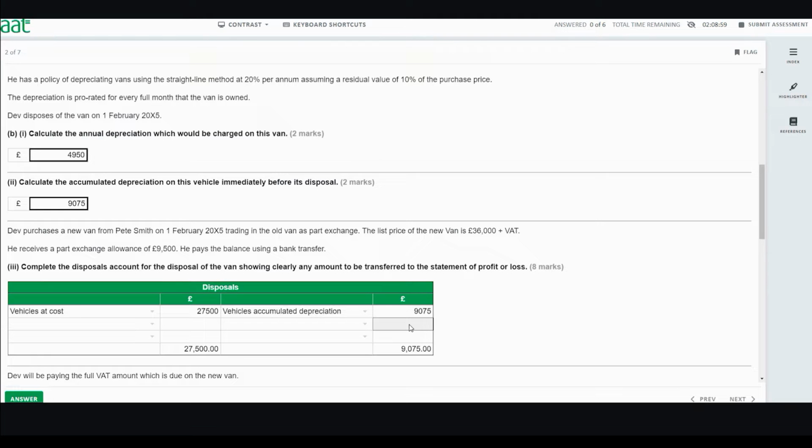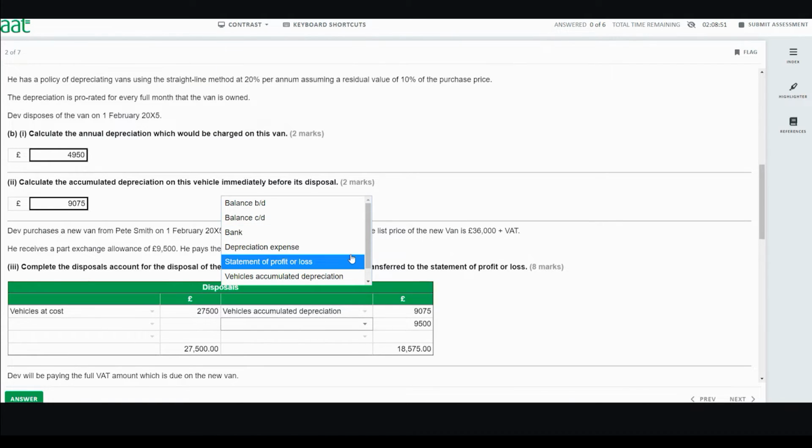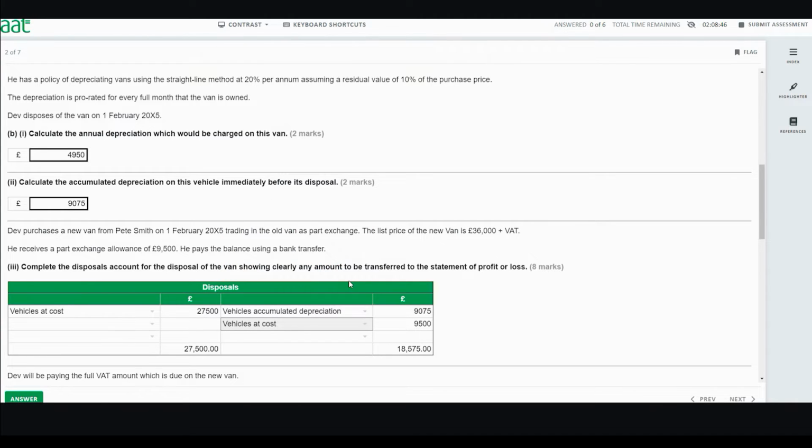So we put the 9,500 into the disposal account, and this will be your vehicle at cost account. The reason is that it is part of the new vehicle, so the double entry would be a debit to the vehicle at cost account of 9,500, rather than receiving any cash for the selling of the asset, which you would have put in the bank account as a debit.